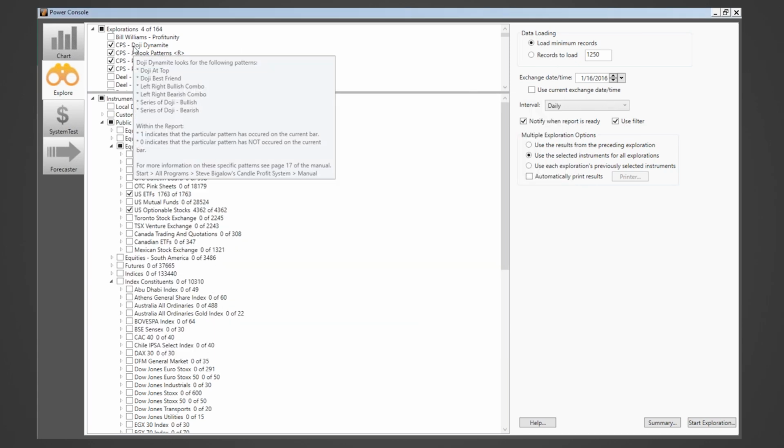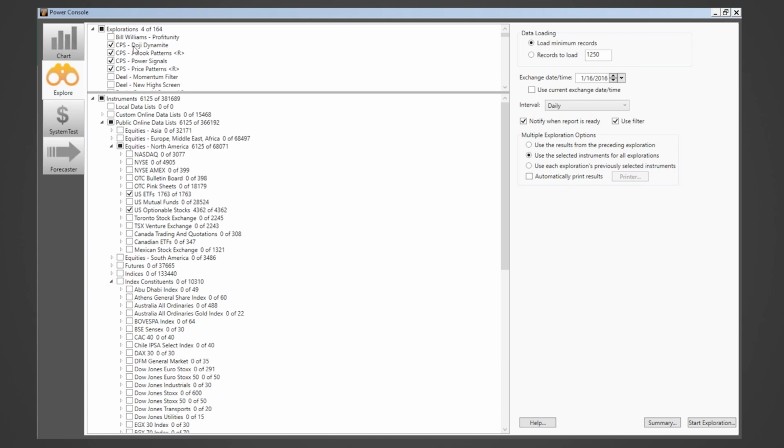Basically, we call Doji Dynamite anything that's either the Doji at the top, the Doji Best Friend, the left-right bullish, the left-right bearish, and your series of Doji bullish or bearish. For some reason, that's what we decided to call that category of explorations. You're welcome, Tim. I'm glad I actually got to the answer you were looking for.